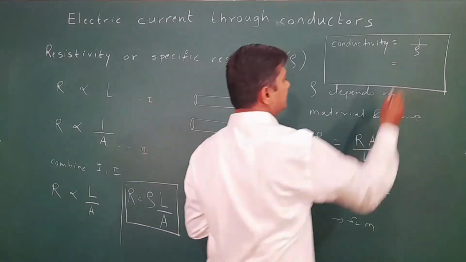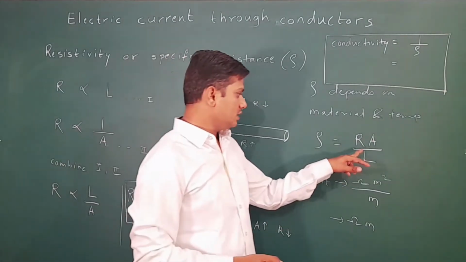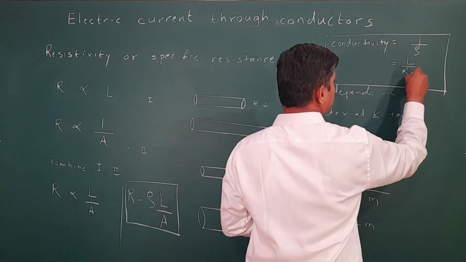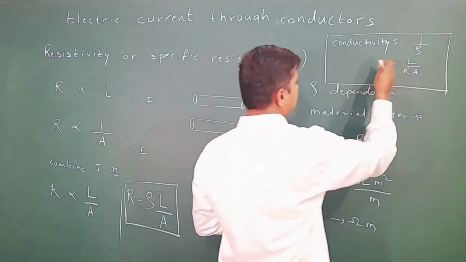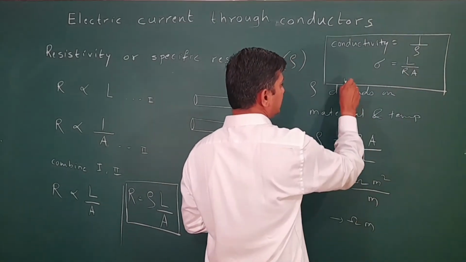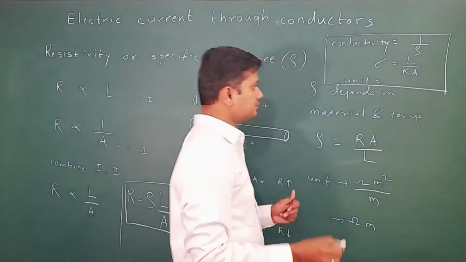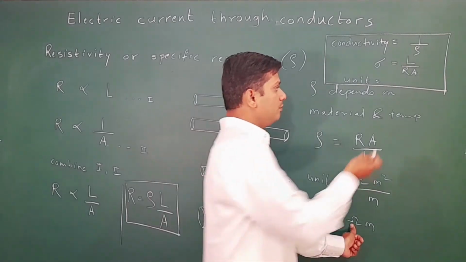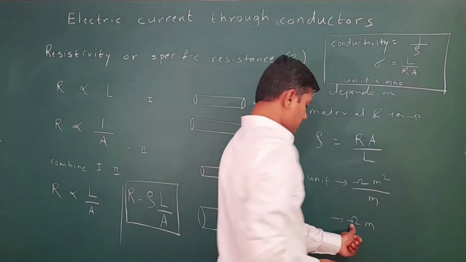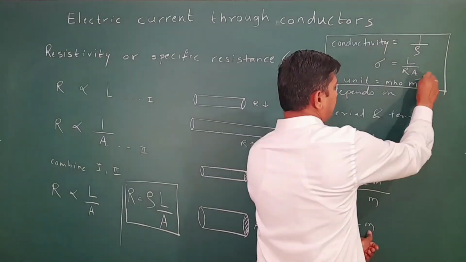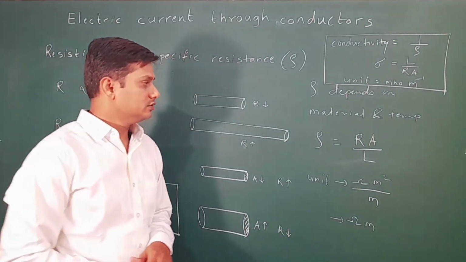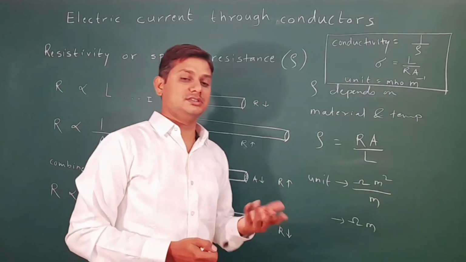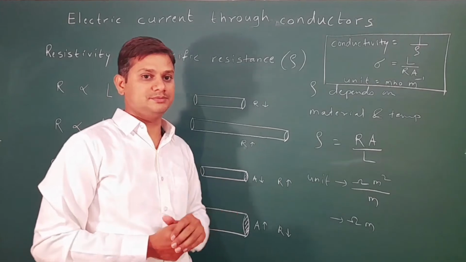So the formula for conductivity is the reciprocal of resistivity, that is L upon R A. Let's take sigma as the symbol, and its unit is the reciprocal of ohm, that is mho per meter, or meter inverse. So instead of mho you can use Siemens also. So conductivity is nothing but the reciprocal of resistivity.